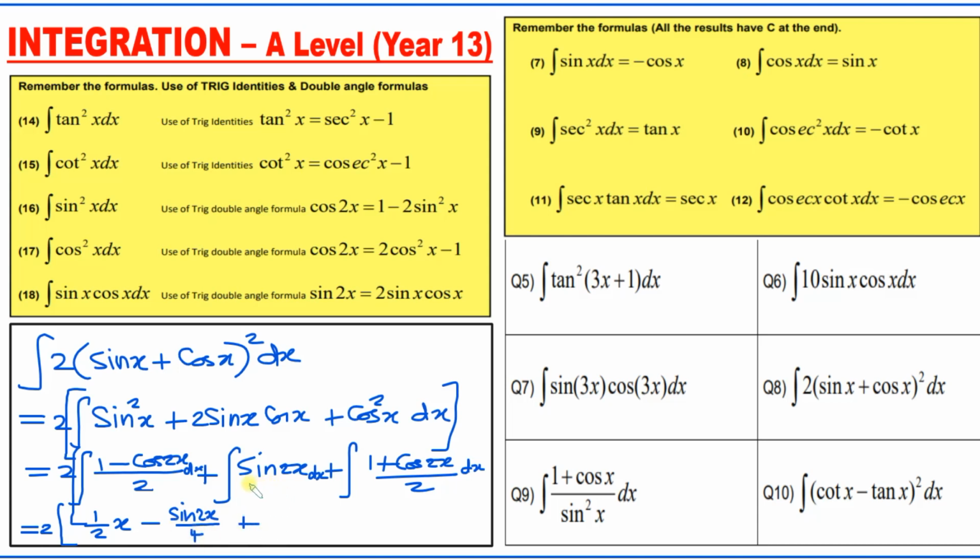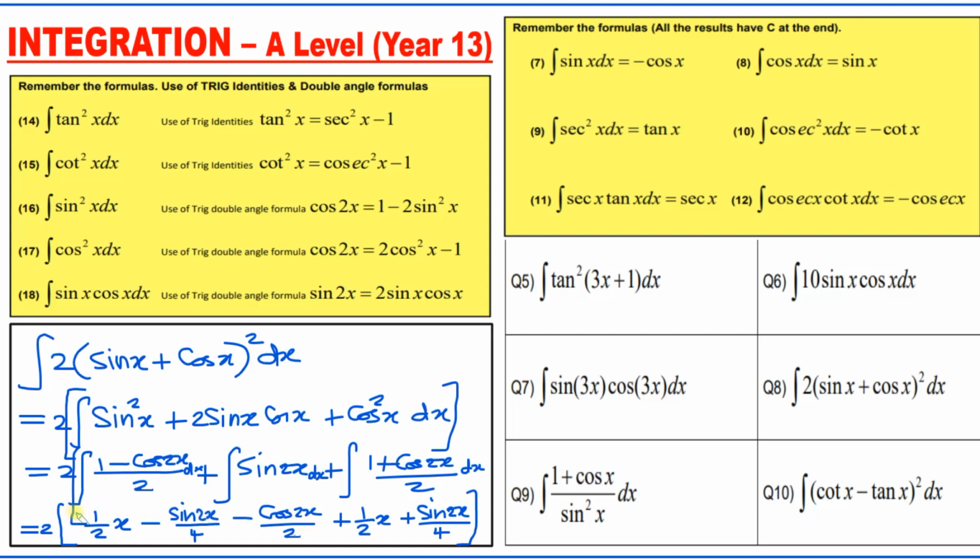Plus sine 2x integration is minus cos 2x divided by 2. Plus, now 1 over 2 integration is 1 over 2x, then plus cos 2x integration is sine 2x over 2. There was a 2 there already, 2 times 2, 4, bracket close.